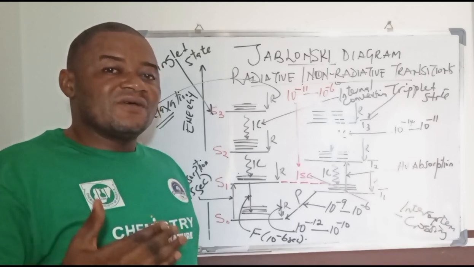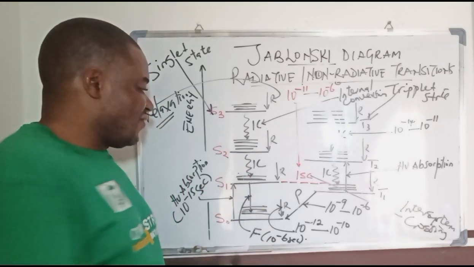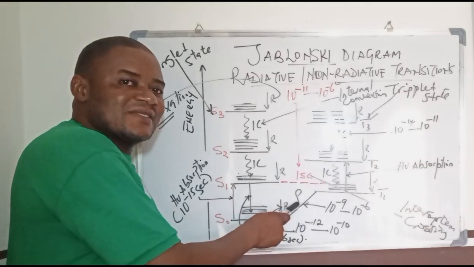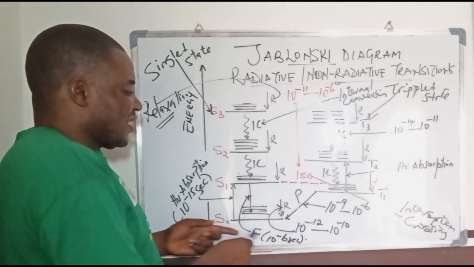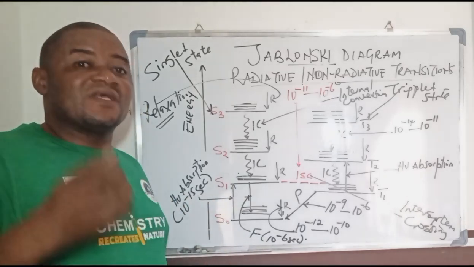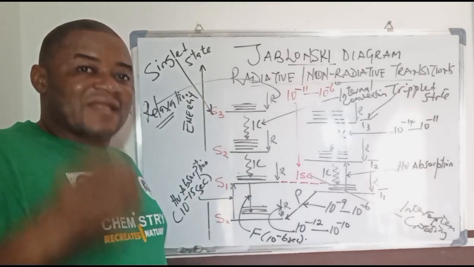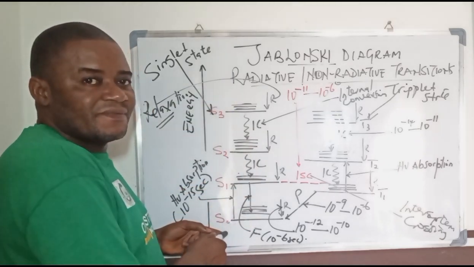With emission of what? Radiations. And these are usually fluorescence and phosphorescence. And remember that fluorescence transitions are the ones that occur at about 10 to the minus 6 seconds when a molecule or photon loses what? Loses light or radiation and chooses to fall from S1 to S0.